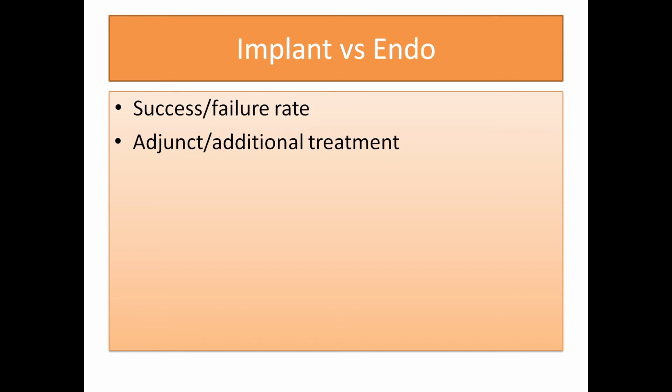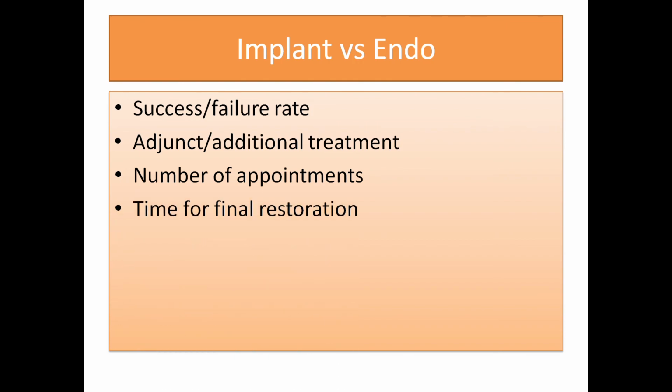For example, the adjunct additional treatment is more in implant and less in endo. Bone grafting and other surgical procedures are more required for implant than endo, and the number of appointments is more in implant and less in endo. Time for final restoration in an endodontically treated tooth is within days, but for the final restoration of an implant, sometimes you wait months even.